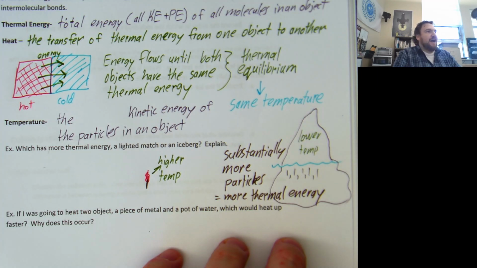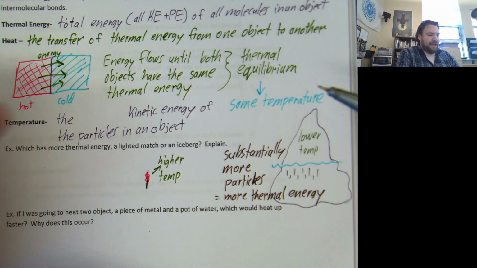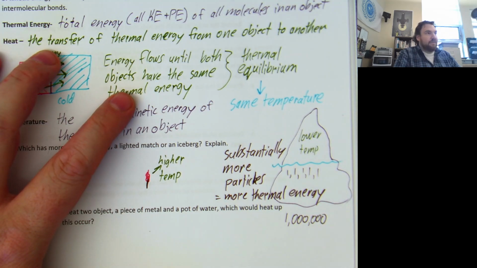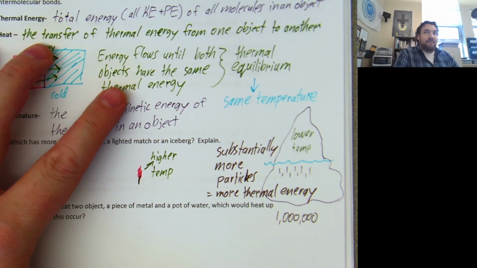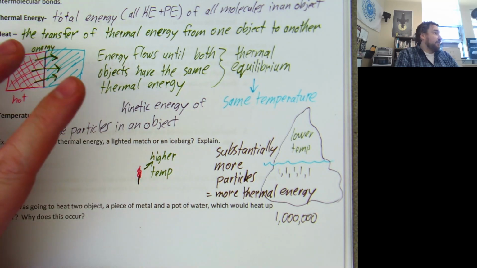Let's say they have energy values of 1. Every single particle has an energy value of 1. If you have 1 billion particles in an iceberg, how much thermal energy is available? Well, if each one has 1, now all of a sudden there is 1 billion joules of thermal energy here.